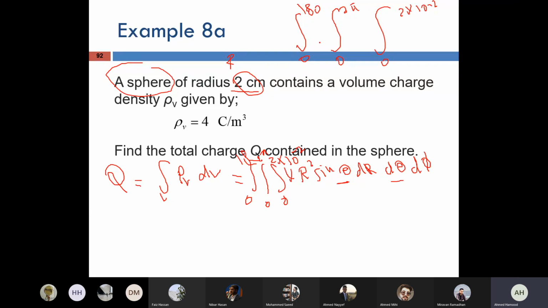If the question doesn't give you the range of phi and theta, you have to identify them: theta is from 0 to 180, and phi is from 0 to 2 pi. If the question doesn't have a radius, you put from 0 to r, and make it a variable.